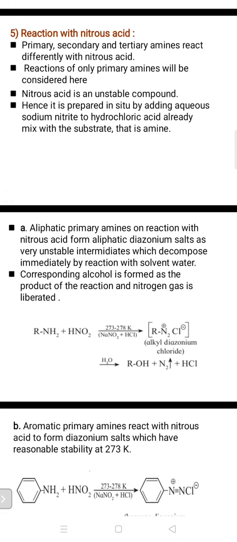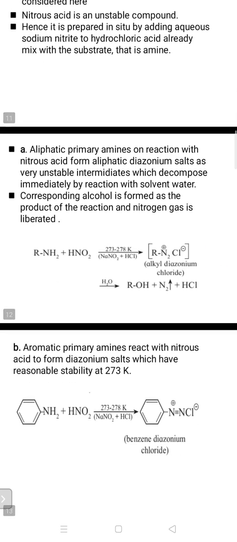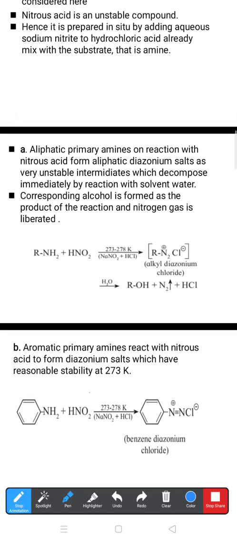Aliphatic primary amines on reaction with nitrous acid form aliphatic diazonium salt. These diazonium salts are very unstable because two nitrogen atoms are present. That's why they are decomposed immediately by reaction with a solvent like water. The corresponding alcohol is formed as a product and nitrogen gas is liberated. Now we'll see the reaction.